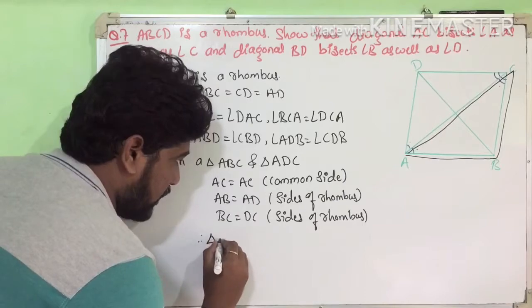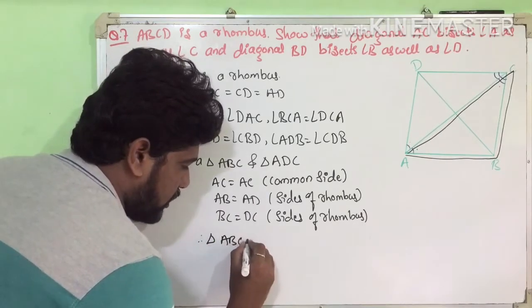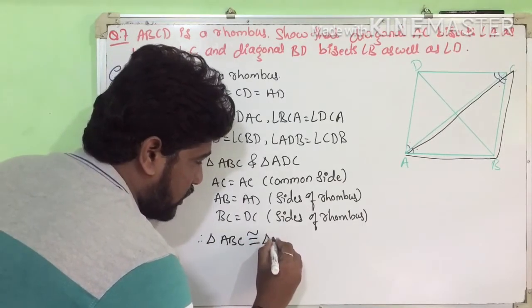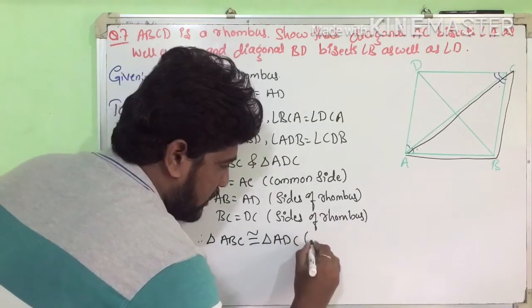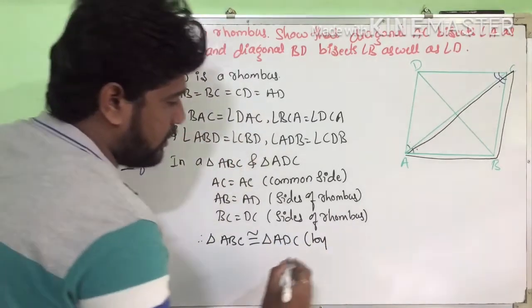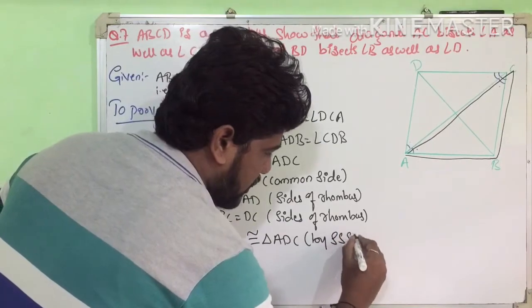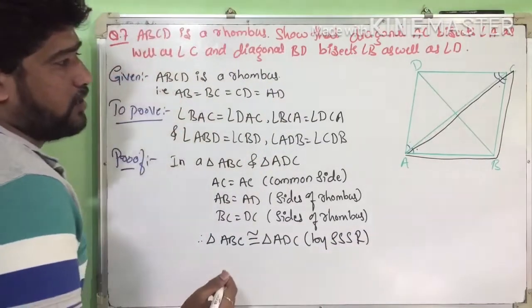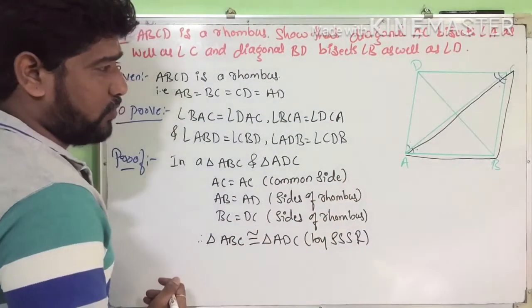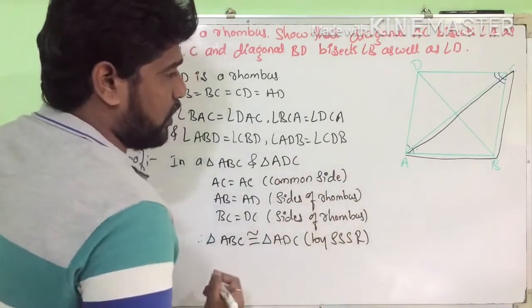Therefore, triangle ABC is congruent to triangle ADC by SSS rule. These two triangles are congruent to each other. It means their corresponding parts are equal.